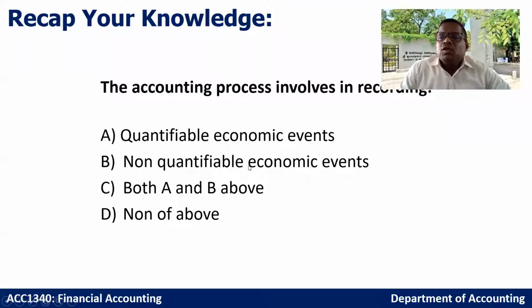So even though double entry is for quantifiable economic events in monetary terms, as per the accounting standard requirements to provide faithful representation and relevance, we tend to disclose even non-financial, non-quantifiable economic events. So for me, both A and B above is correct.